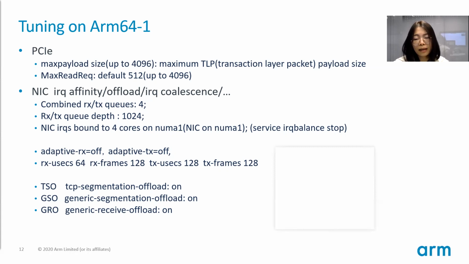And besides, we can leverage the NIC's several offload features like TSO, GSO, and GRO. Then it depends on the NIC to do the TCP packet segmentation work, and also merge received TCP packets into a bigger one. This can reduce some CPU overhead.